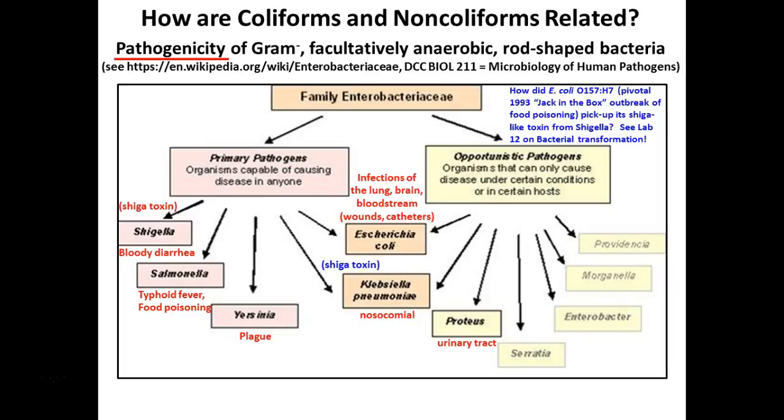There is a pathogenic strain of E. coli known as E. coli O157. It has acquired the Shiga toxin from Shigella. So it's quite a horrible strain. And if you had it, you would be in class right now. It's that bad.